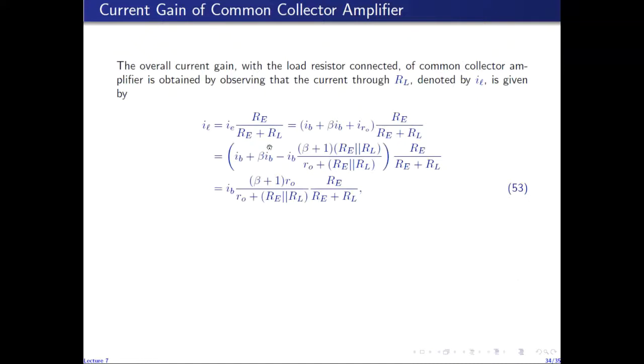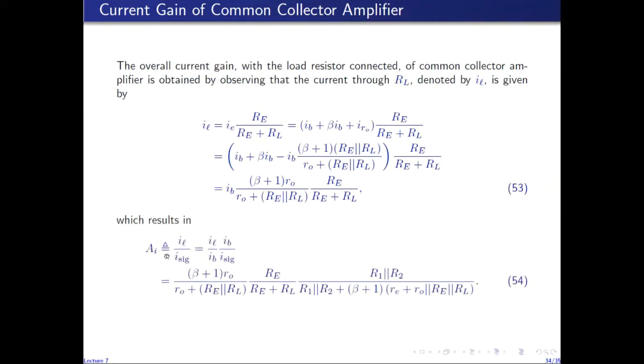This is the factor from the current division of IE. And IE, like I said, is given by the current through small RE, which is IB plus beta IB, plus the current through R naught. Then we use the expression for the current through R naught, which we derived earlier, which is equal to this expression. And then we simplify the terms within the parentheses, and we get this expression for the load current in terms of the base current.